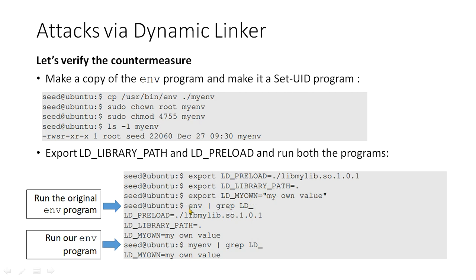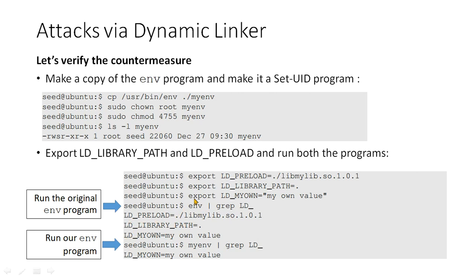If we use the original env program to print out all the environment variables of the child process, and we grep to filter out only strings that start with LD, then we see all these three variables are inherited by the child process. So we see LD_PRELOAD, LD_LIBRARY_PATH and LD_MYOWN are all variables of the child process.